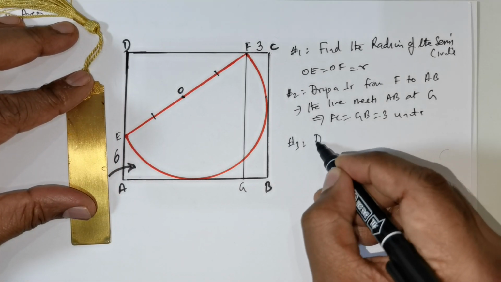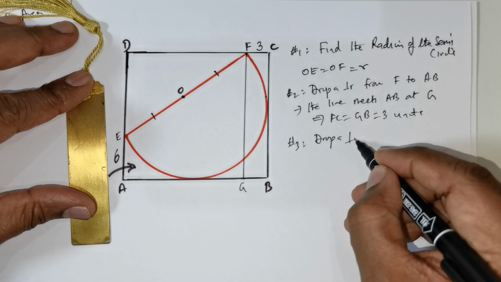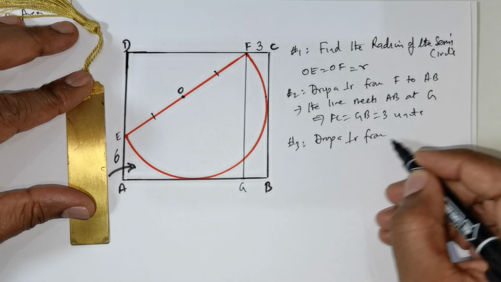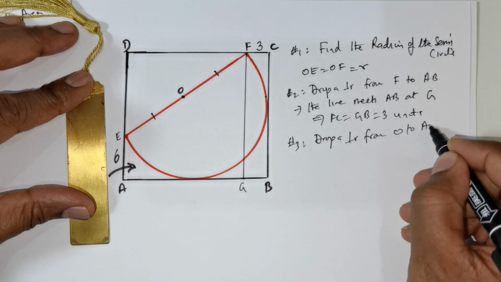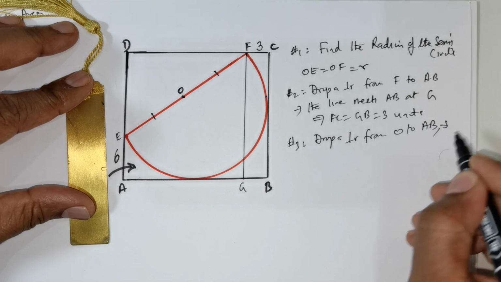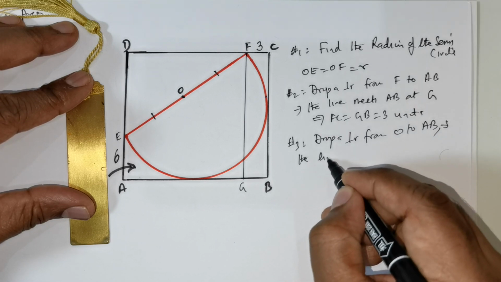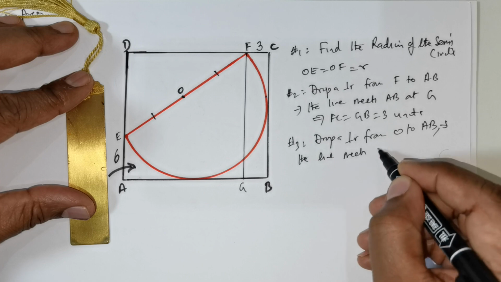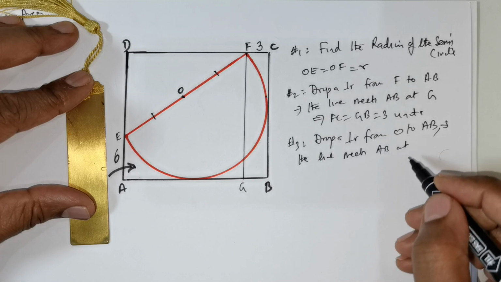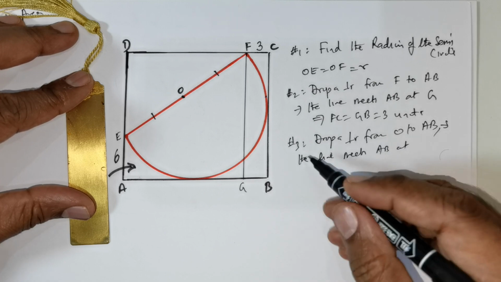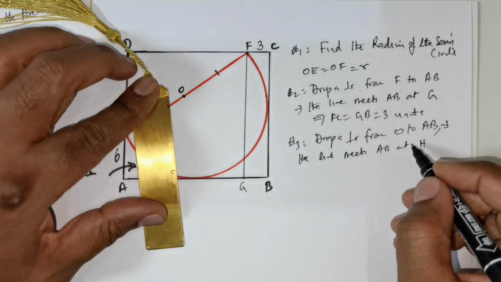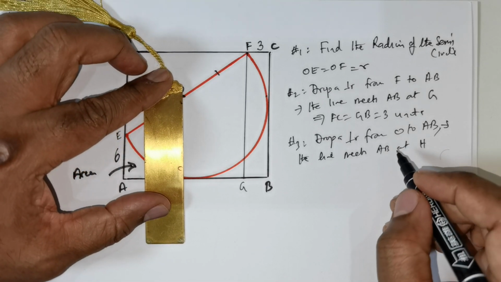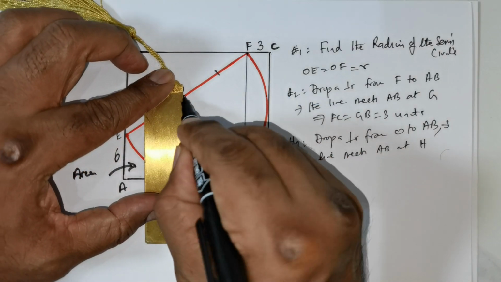Now I would like to drop a perpendicular. Step number 3, drop a perpendicular from O to AB such that the line meets AB at H. So I'm dropping a perpendicular.